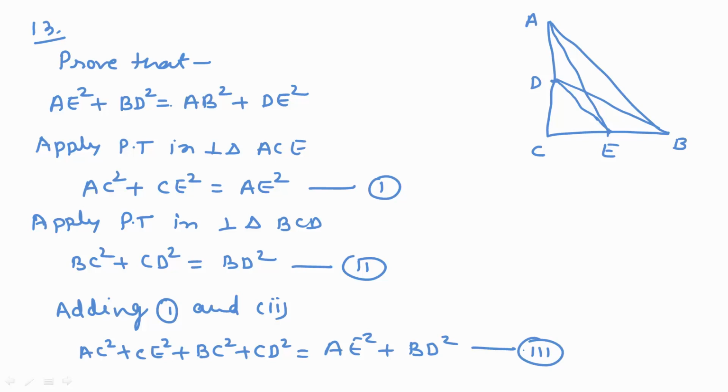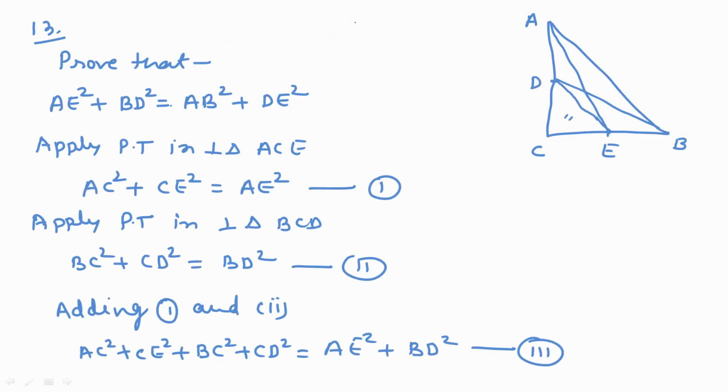Now apply Pythagoras theorem in triangle CDE. This is your triangle CDE, the smallest triangle. Apply Pythagoras theorem in right triangle CDE.